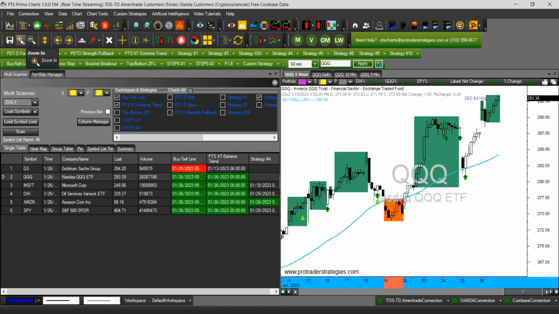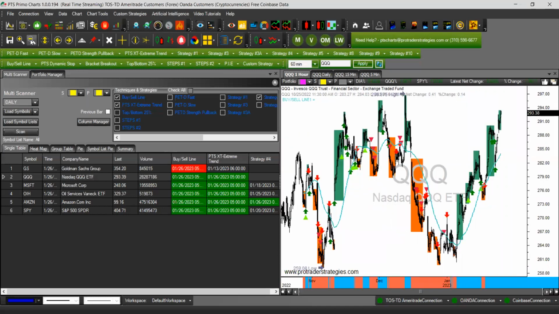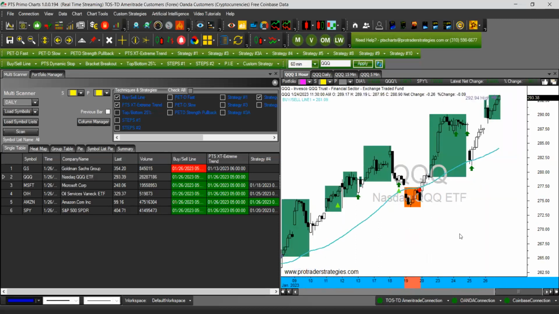If you want to zoom in, you just click on the plus sign, and then you highlight the area that you want to zoom from left to right, and it will zoom. If you want to zoom out, you take the plus sign and highlight from right to left what you want to zoom out. That's the way to do it.